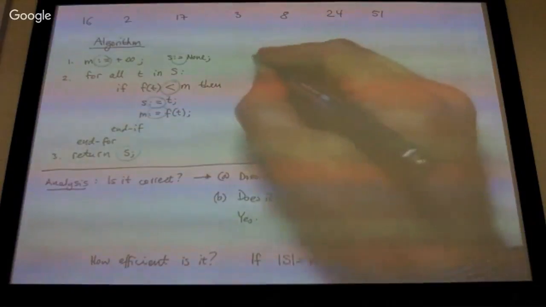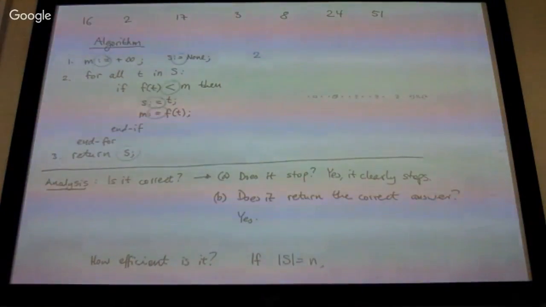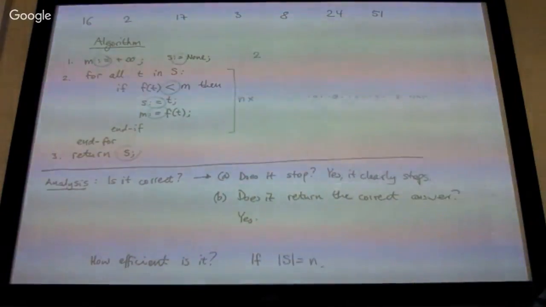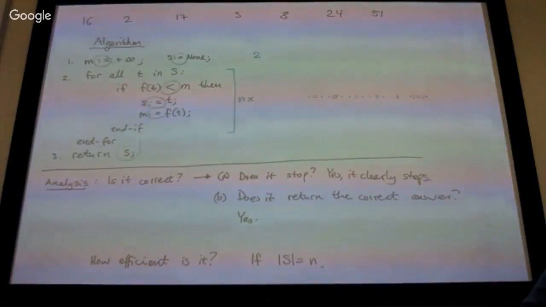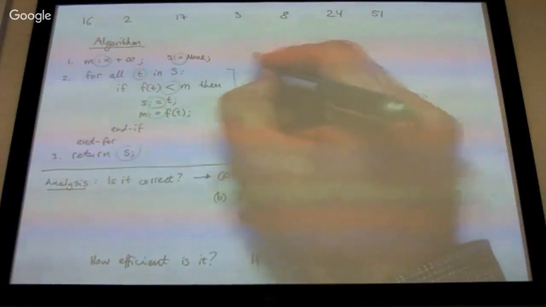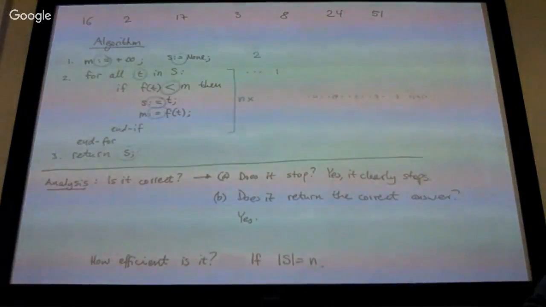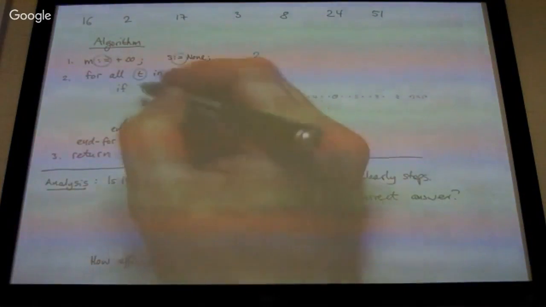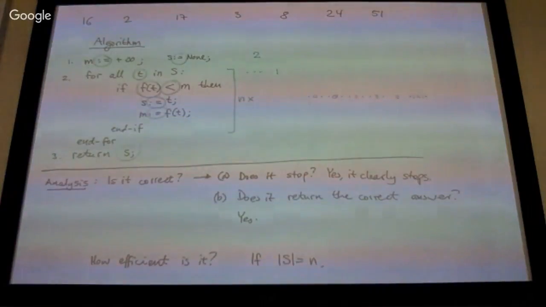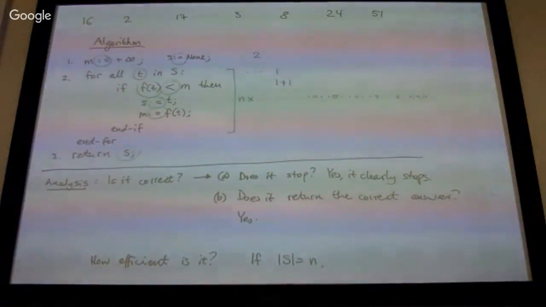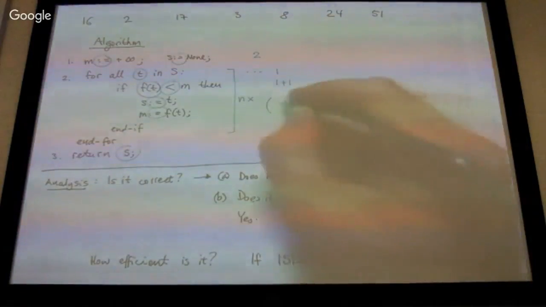So it does two elementary operations to initialize. Then this loop runs n times. And in that loop, it puts something into t, so that's one operation. Then it looks up f of t, so that's another operation. Then it compares it to m, so that's another operation. Then maybe, or maybe not, it does these two operations.